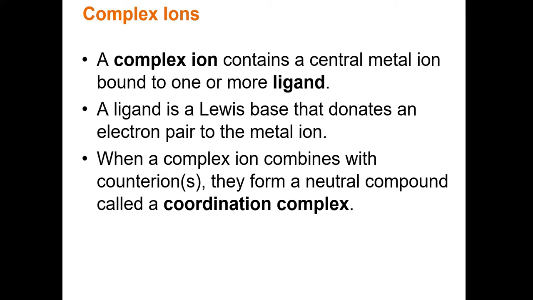So we'll be talking about what are called complex ions. In a complex ion, we have a central metal ion bound to some other things that we call ligands, and we've been hinting at this all semester. We've seen it come up a few places in the lab, this idea of a ligand, and it's basically something that's donating an electron pair to the metal ion to help stabilize the positive charge, whatever that charge is on those metal ions.